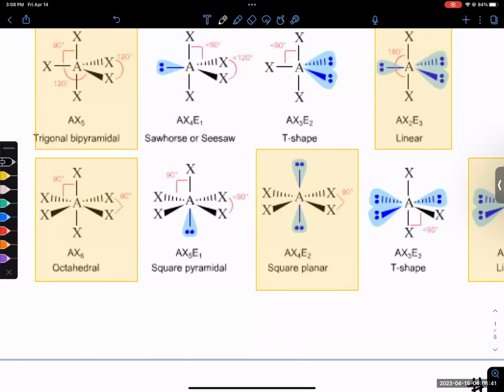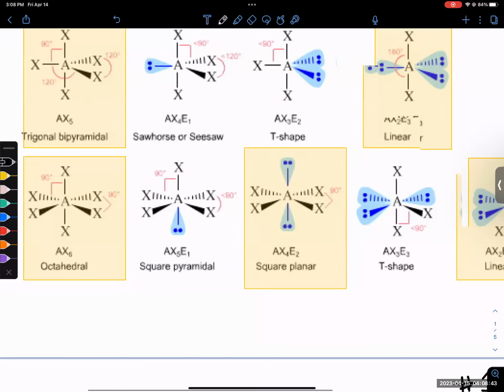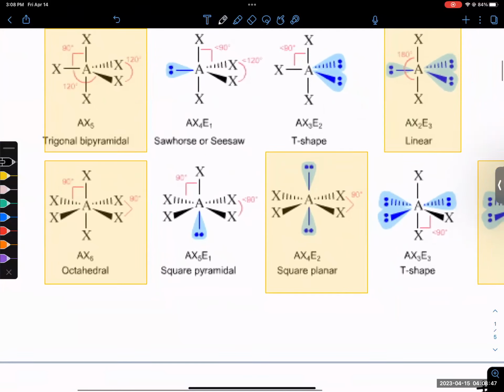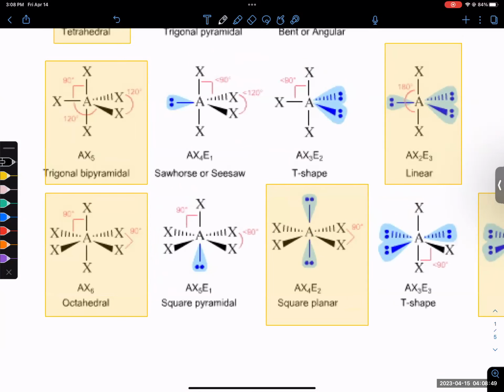Then if you add 2, it's square planar, then T-shape. Honestly, just stare at this chart for a good few minutes, and do a bunch of practice problems. At the end of the day, you're just substituting atoms for more atoms.